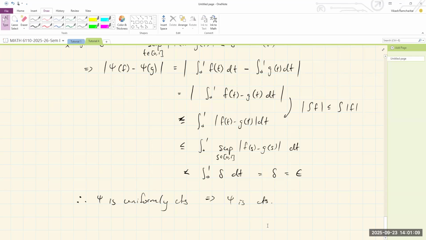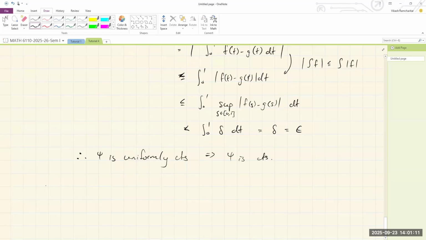Okay, and for the second one, we will do something similar. The second one was the point evaluation. So phi takes a continuous function and maps it to a real number. How does it do it?